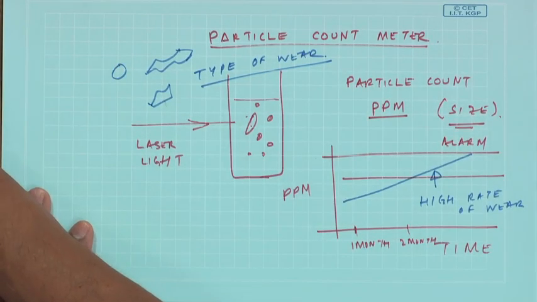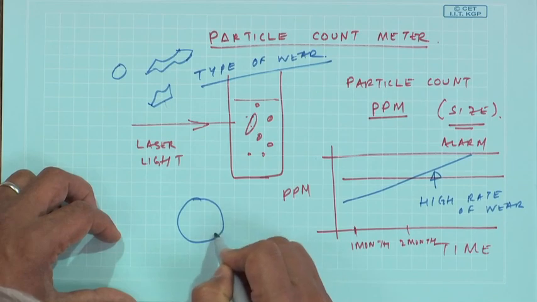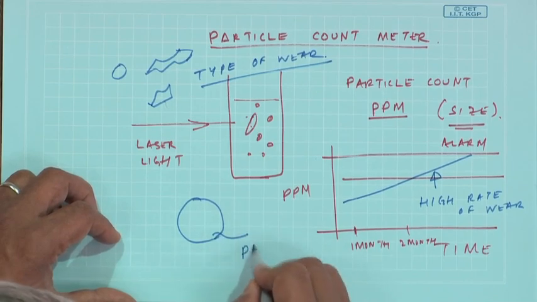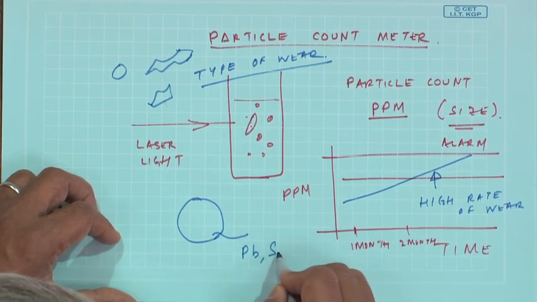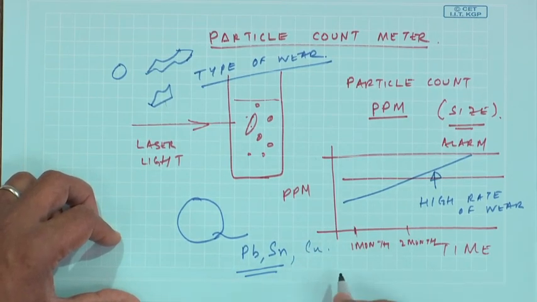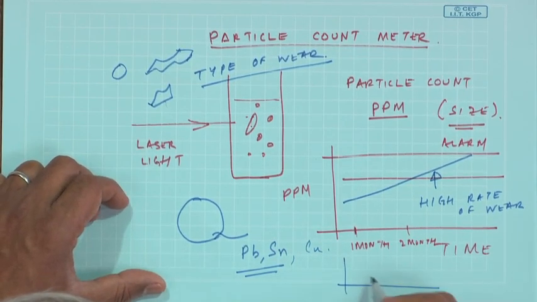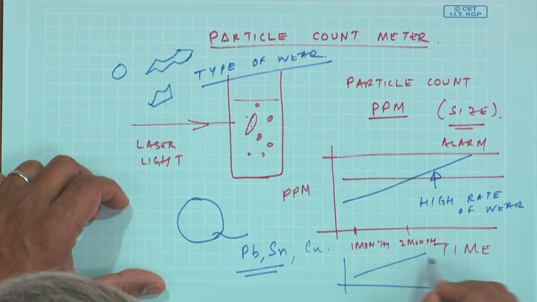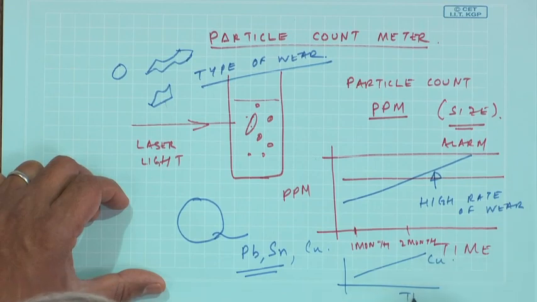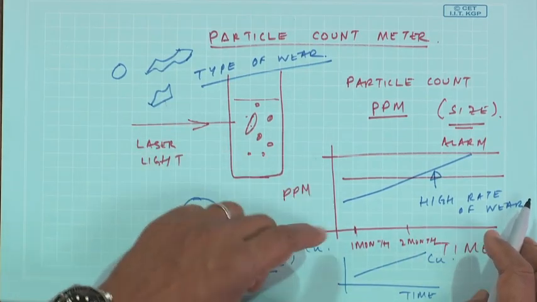And composition, suppose we are talking about a journal bearing. This Babbitt material has maybe lead or tin, or copper. So, if I see a high rate of maybe copper increasing with time, which normally it should not be, I know my bearing lining is wearing at a higher rate.